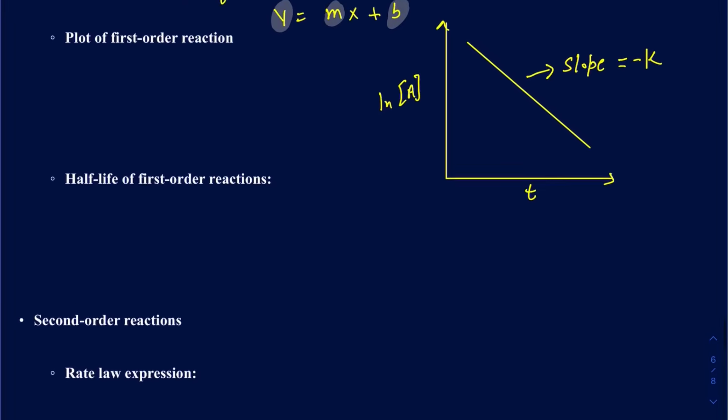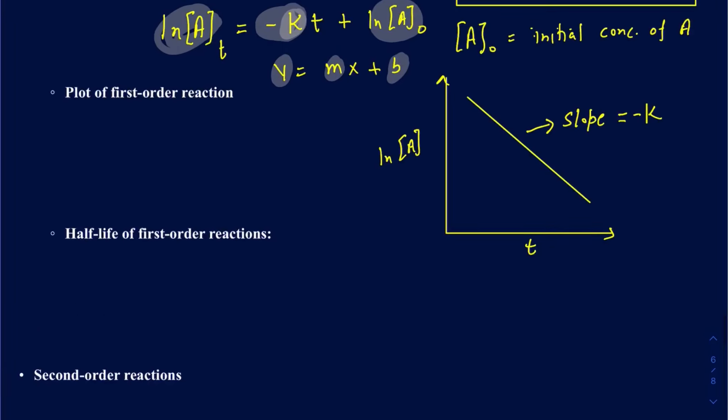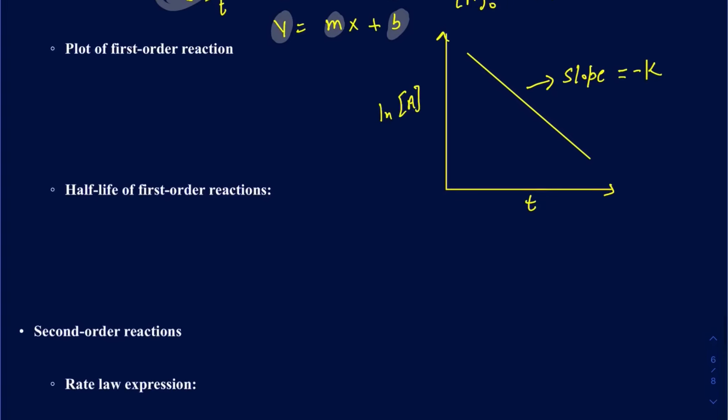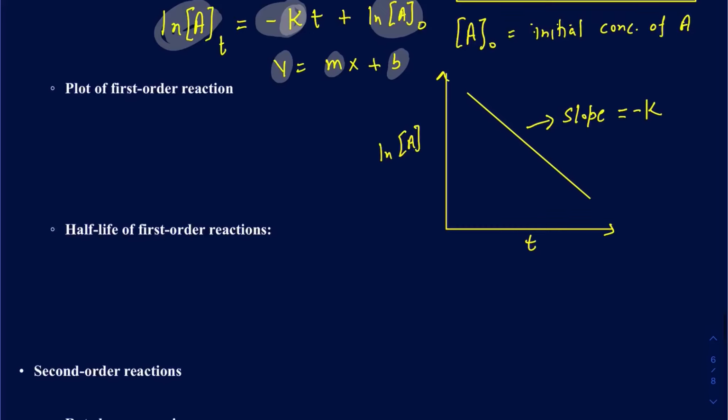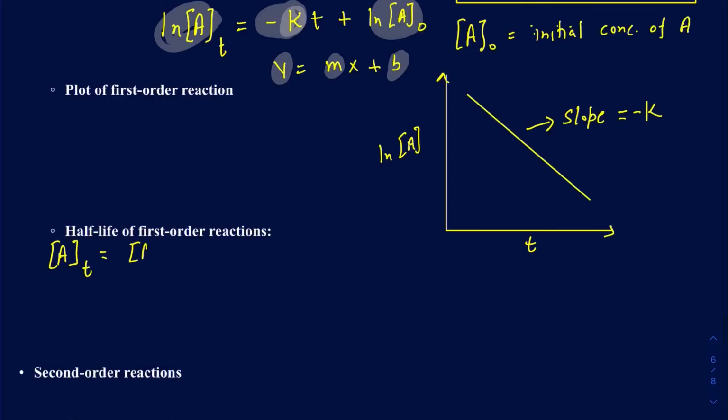In addition to that, you also want to be able to figure out the equation for the half-life. As the definition specifies, it's how long it's going to take before you have half of your original concentration left. So your A_t, or the concentration at a particular time t, is actually going to be half of your original concentration.